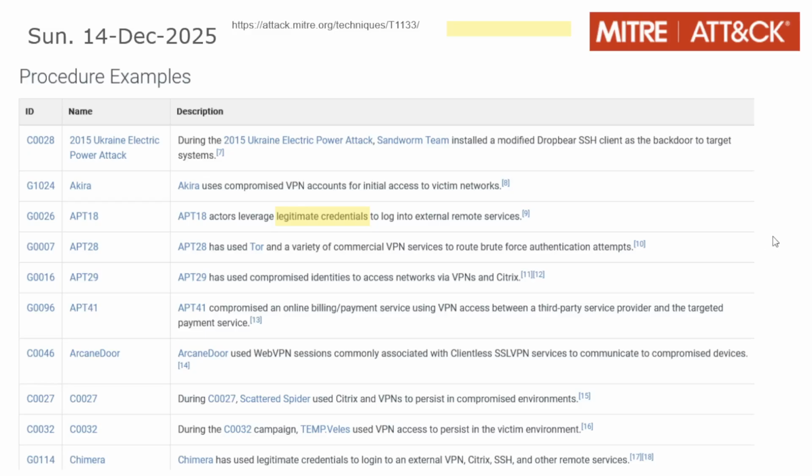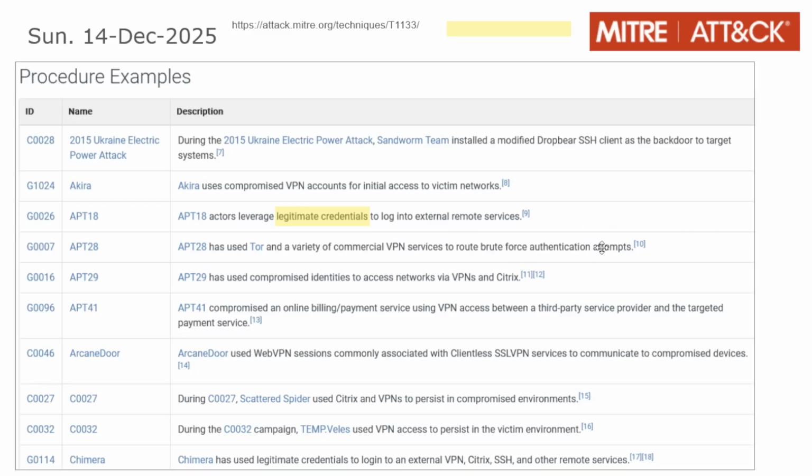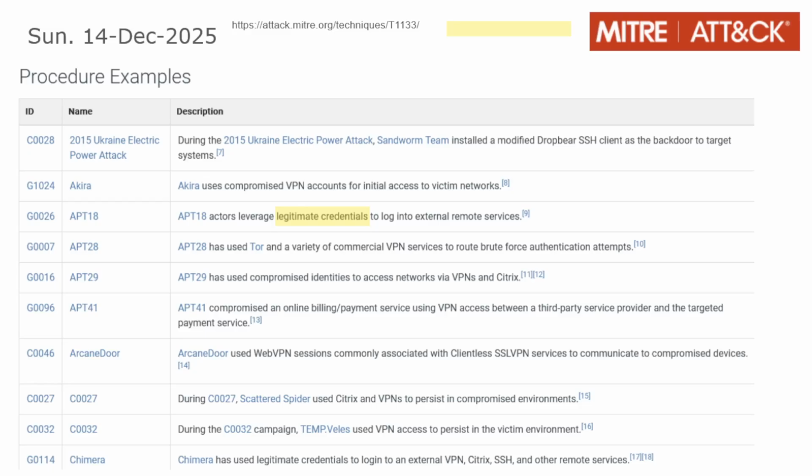Yeah, so brute force authentication attempts, we have Citrix, we have again ArcaneDoor, which used web VPN sessions commonly associated with the clientless SSL VPN service to communicate to compromised devices. Okay, Chimera, we have read that as well. It has used legitimate credentials to log into external VPN, Citrix, SSH, and other remote services.